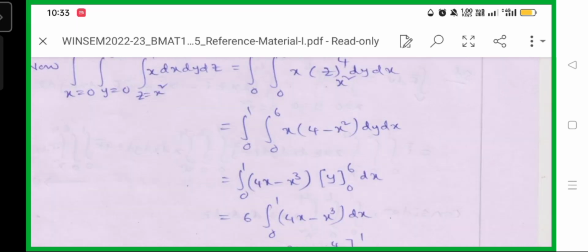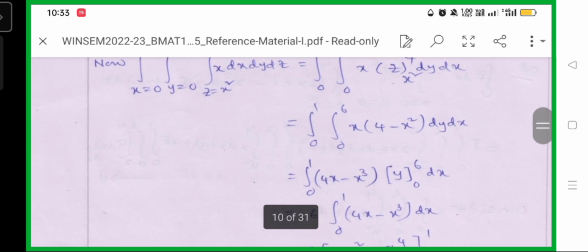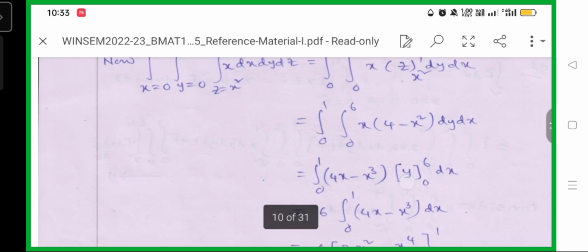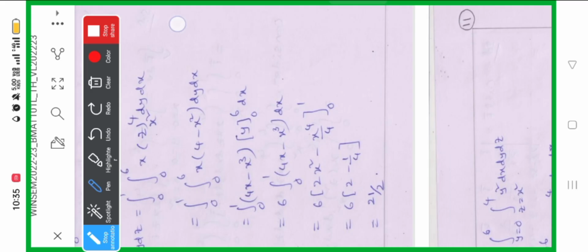Now integrating dy dx, x times (4 minus x square) dy dx. If you integrate dy, y will be there. After integrating with dy, we have to substitute the values 0 and 6.